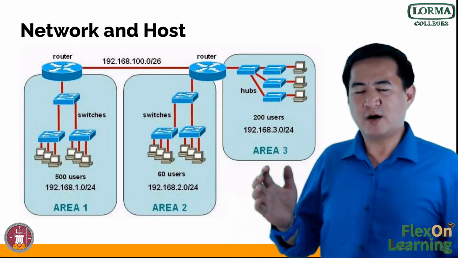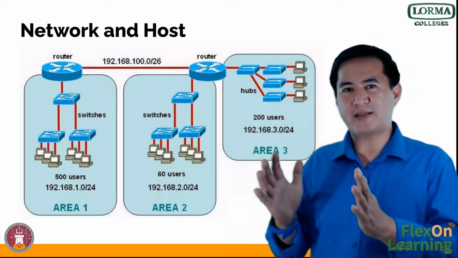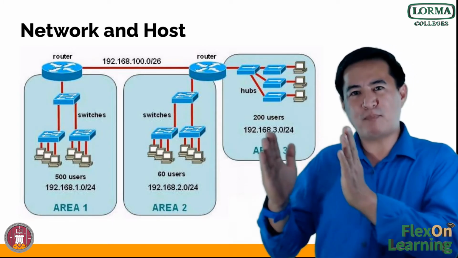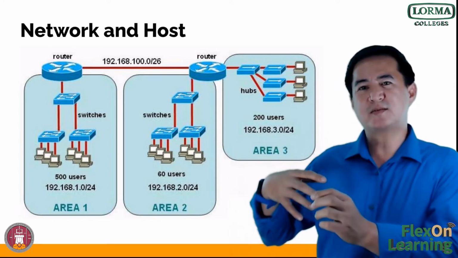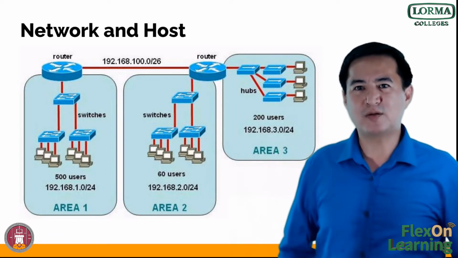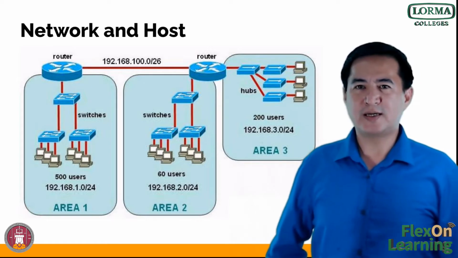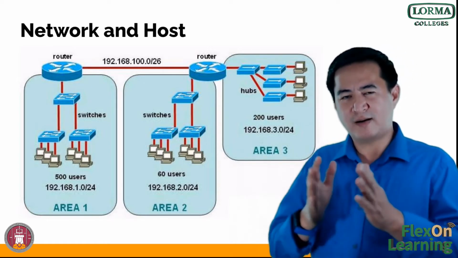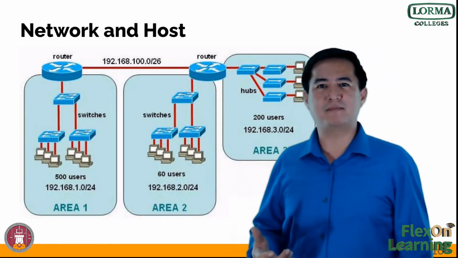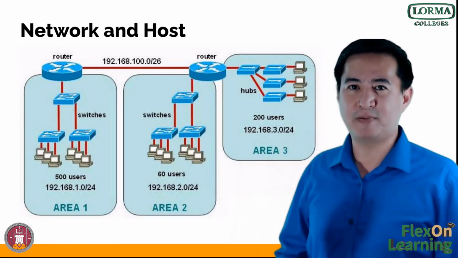So of the total 32 bits of an IP address, you have to assign a portion which represents the total number of networks, and the remaining will be the total number of hosts in a particular network. Right? So let's take a look at the examples based on class A, B, and C.